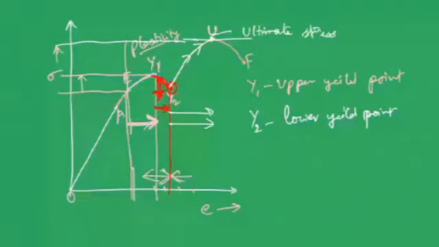Beyond this, the body cannot exhibit any more stress. This is the highest value of stress that the body can exhibit. After the ultimate stress, with further increase in the load, the deformation will happen, but the stress will decrease, and it will reach the point F, which is called the fracture point. At the point of fracture, the body will break into two pieces.